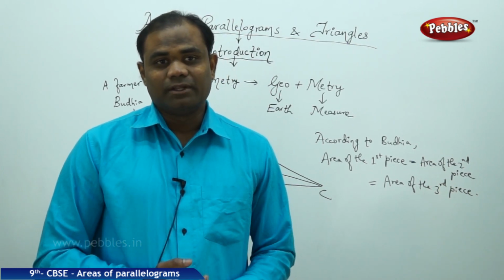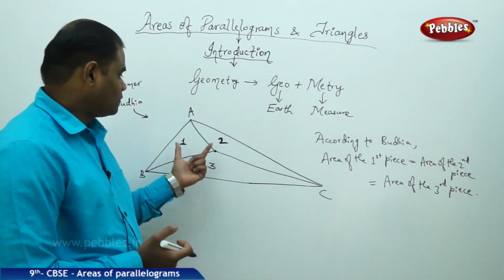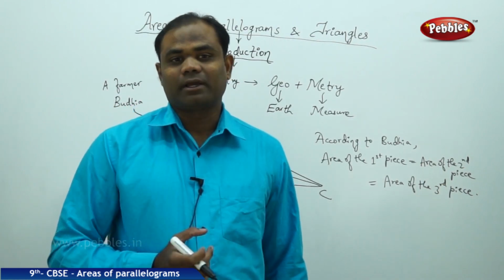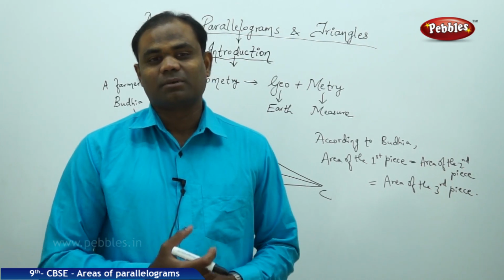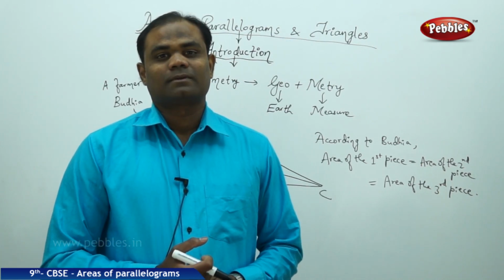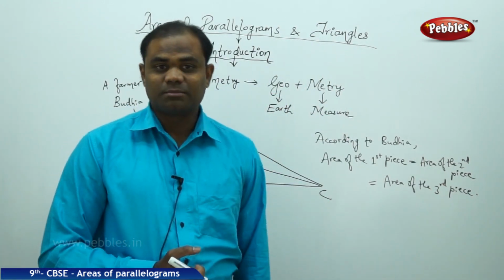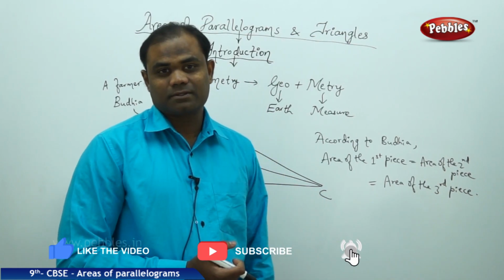Here comes the investigation in mathematics about how we can find the areas of equal pieces within the triangle. This is how we are going to connect with the coming topics in the future: Budhia's problem related to the area of a triangle subdivided into areas of three different triangles.